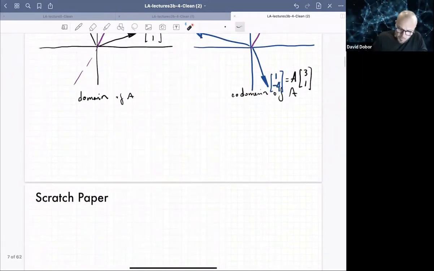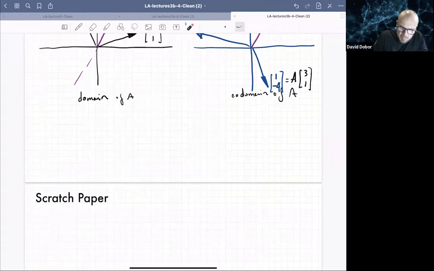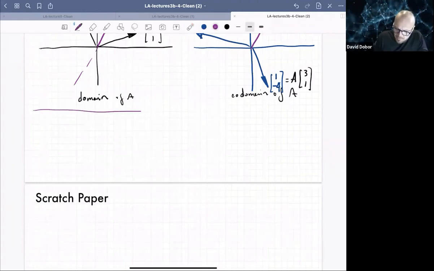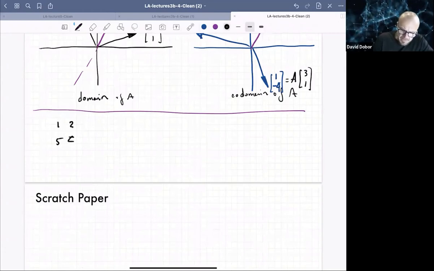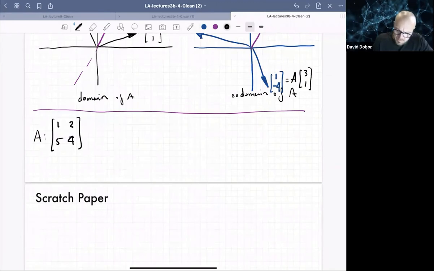First of all, before we do one of those immediate examples, let me give you one more example of an eigenvector for a given matrix that I used in the other section. This one, the 1, 2, 5, 4 matrix. It's some matrix A. I'm not asking you what the eigenvalues and eigenvectors of this are, because it may not be immediately obvious, and we'll see how to compute them.